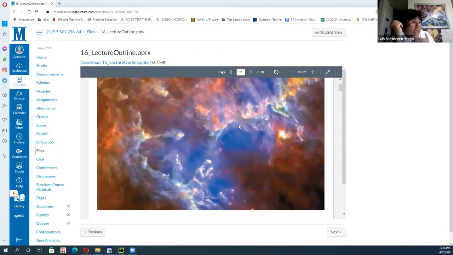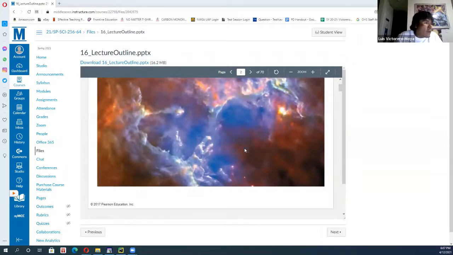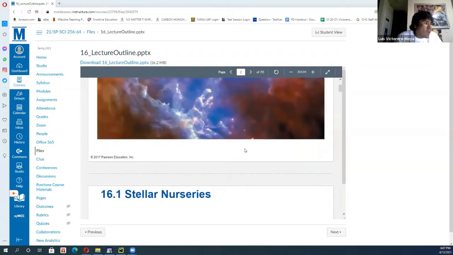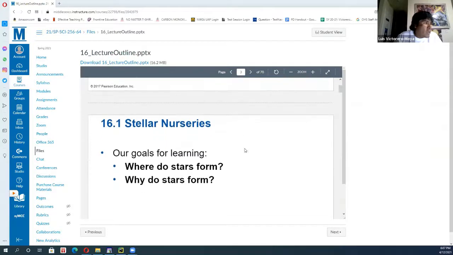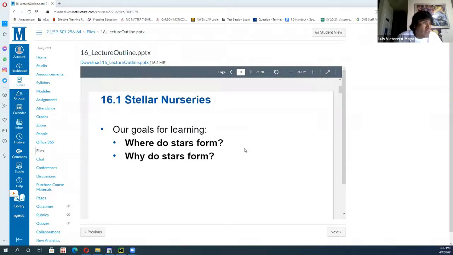For example, the Pleiades, the Seven Sisters. But that's not enough to know what's going on. You need longer wavelengths to be able to penetrate within the cloud, right? For example, M17, which was the region I studied in my project for star forming regions.